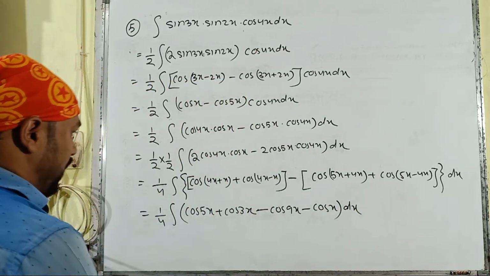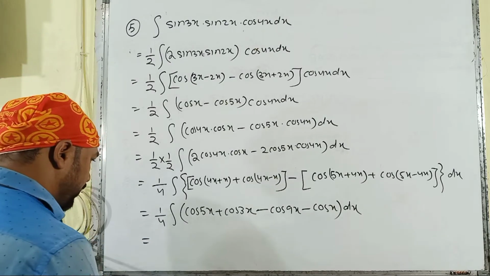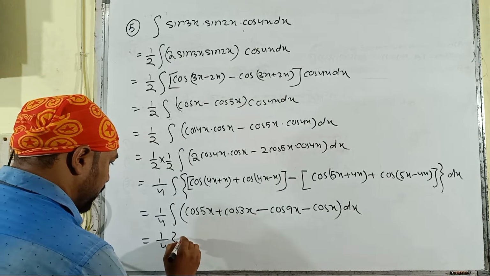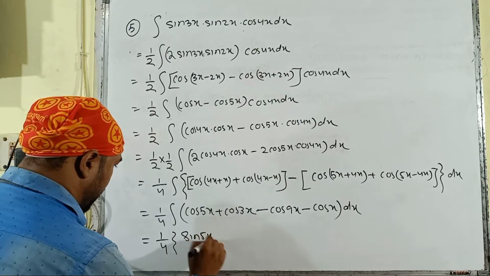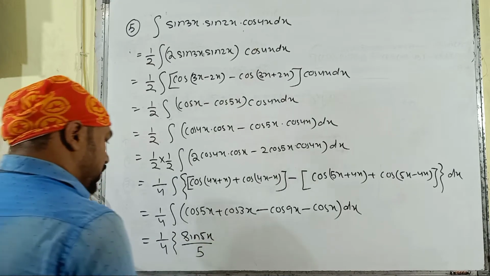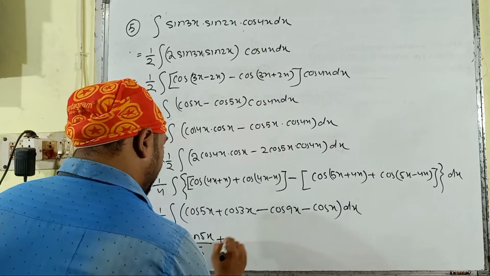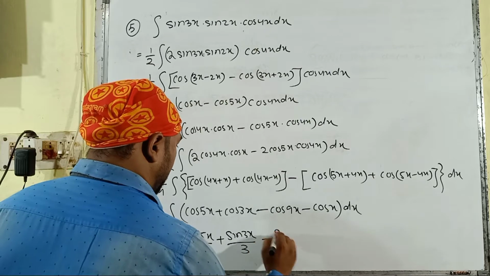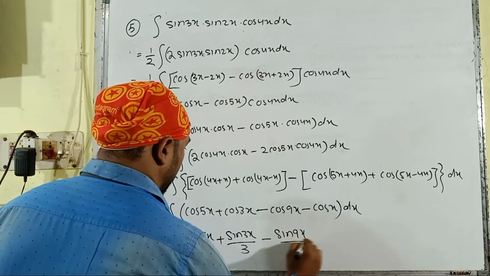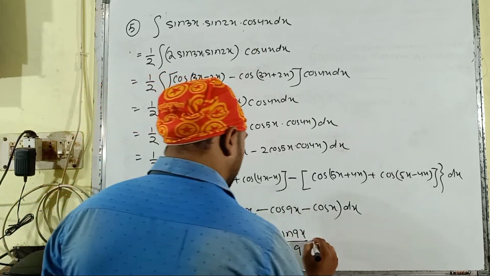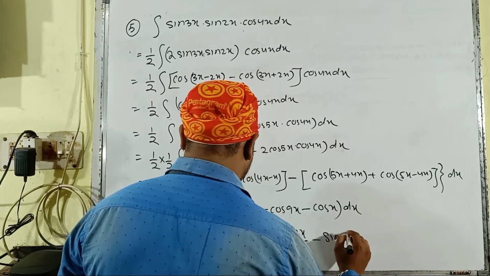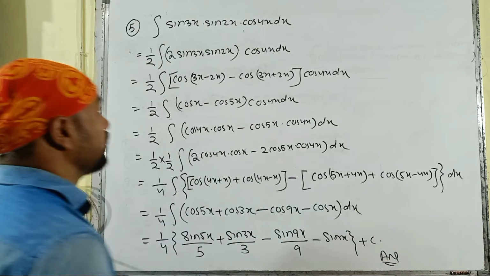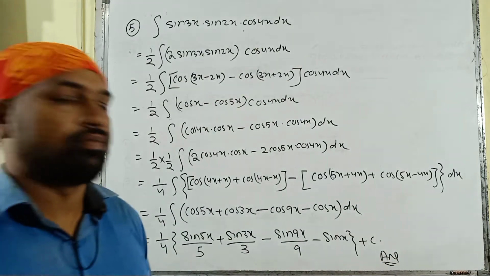Then separating and integrating, we have 1 by 4 of sin 5x divided by 5 plus sin 3x divided by 3 minus sin 9x divided by 9 minus sin x plus any constant c, and this will be the answer for the given problem.